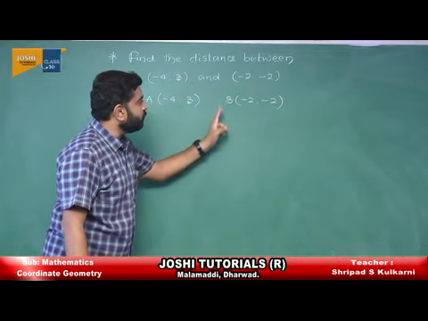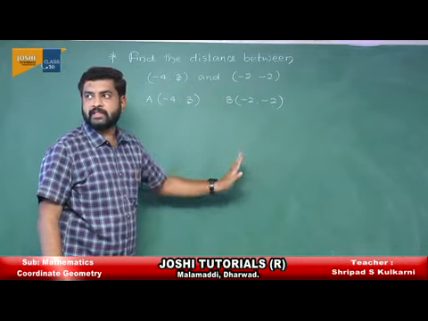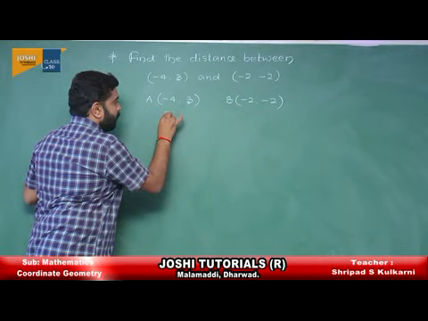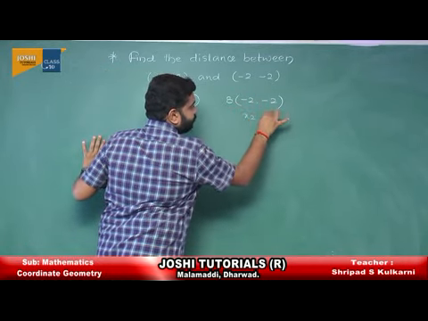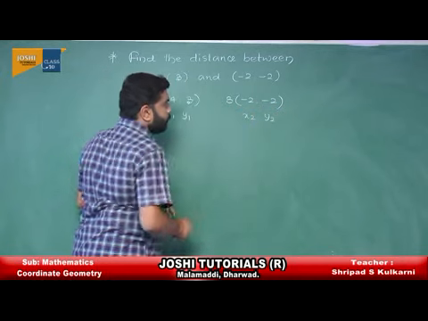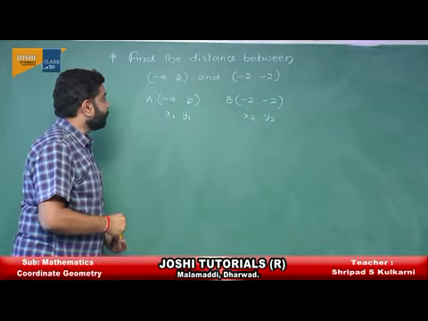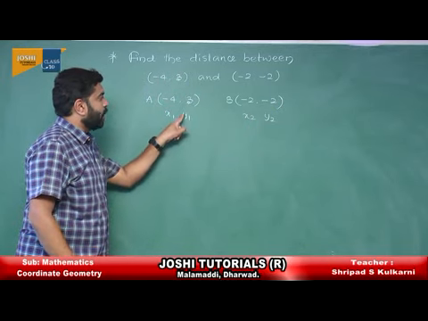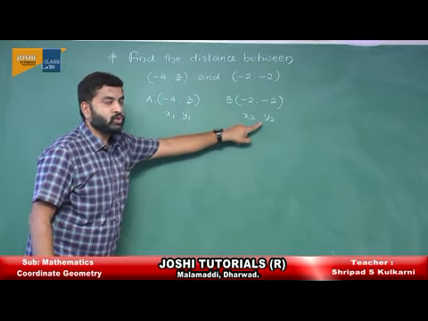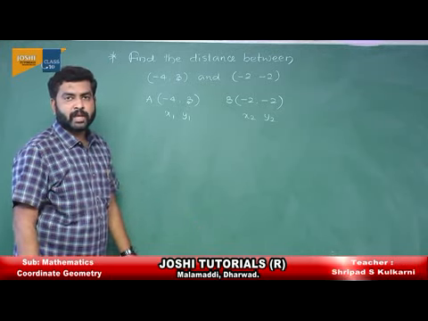Mark x1, y1, x2, y2 as it is. I hope there is no doubt in it. The value of x1 is minus 4, the value of y1 is 3, x2 is minus 2, and y2 is minus 2.